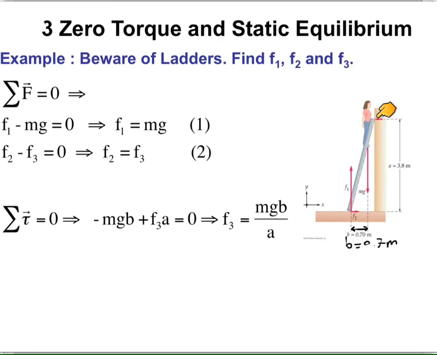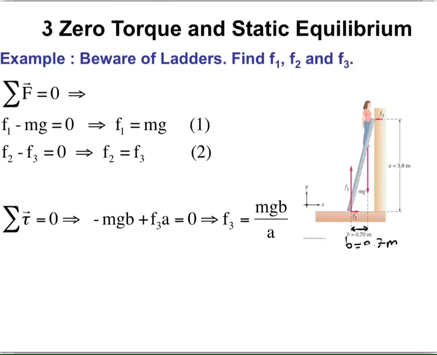And we have only one force left. It is F3, and F3 is in this direction, and the perpendicular distance to the point of application is this distance, the height, and this is 3.8 meters.